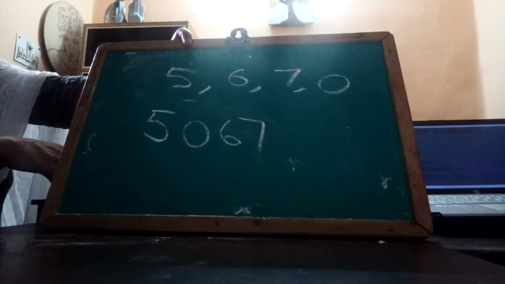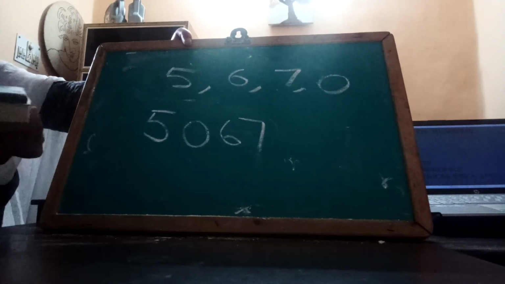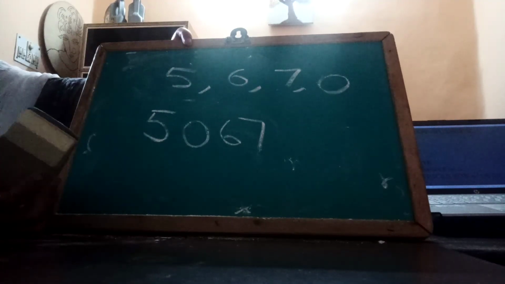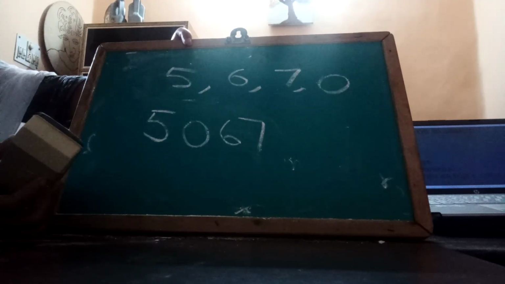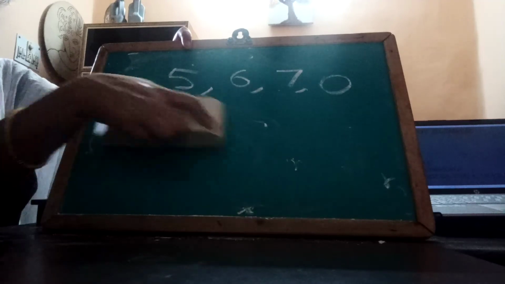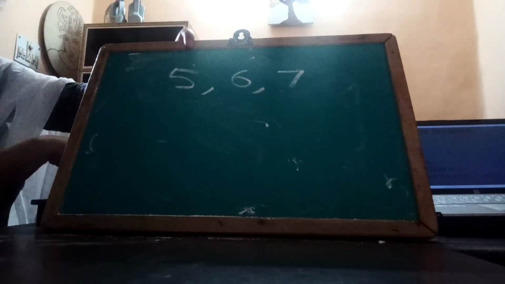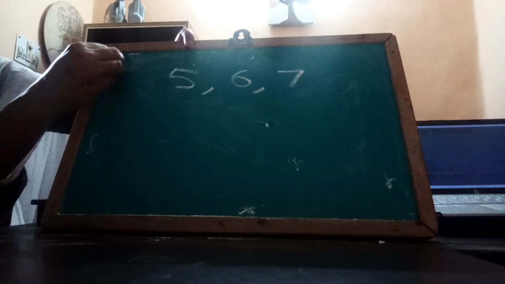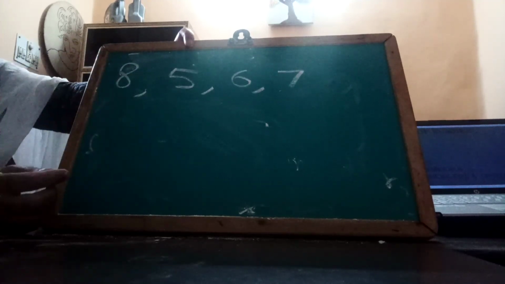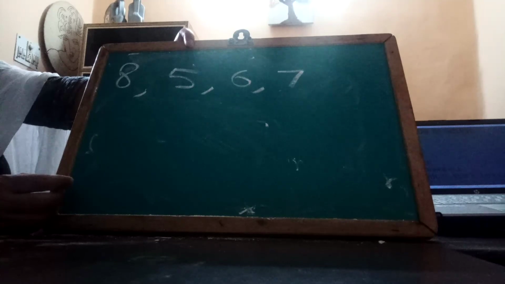Now if 0 is not there, there's no problem at all. If 0 is not there and you have to form the smallest number, there's no problem at all. Suppose this 0 has been rubbed out, and there is one more number here, 8. And I need to form the smallest number.